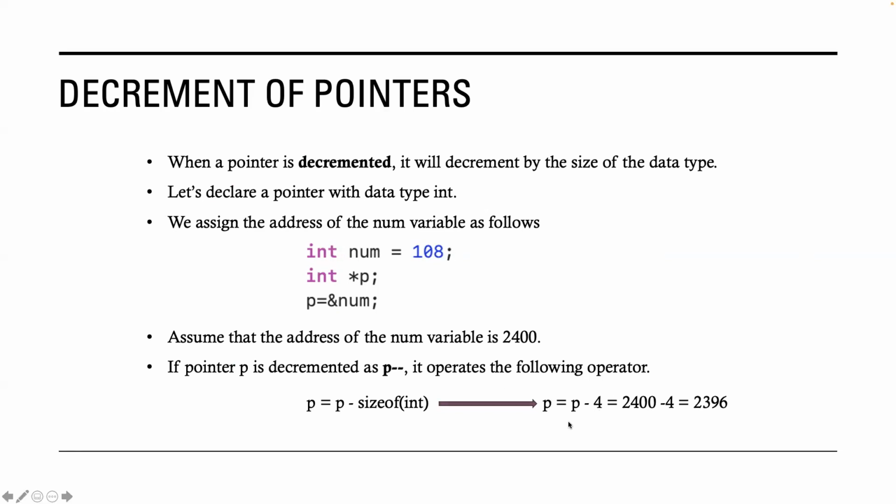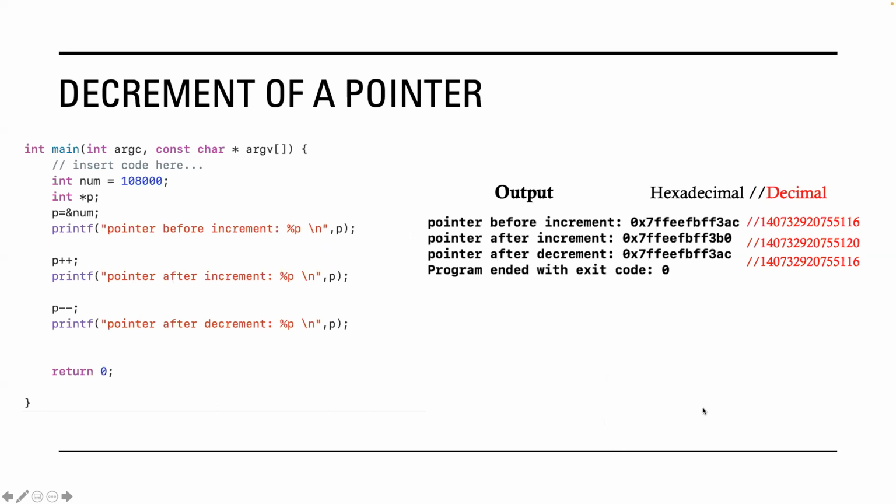So what happens is it reduces sizeof int from p. The size of int on my computer is 4 bytes. So 2400 minus 4 means 2396.